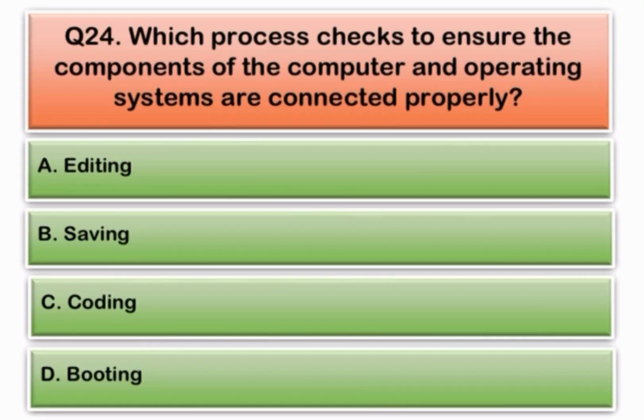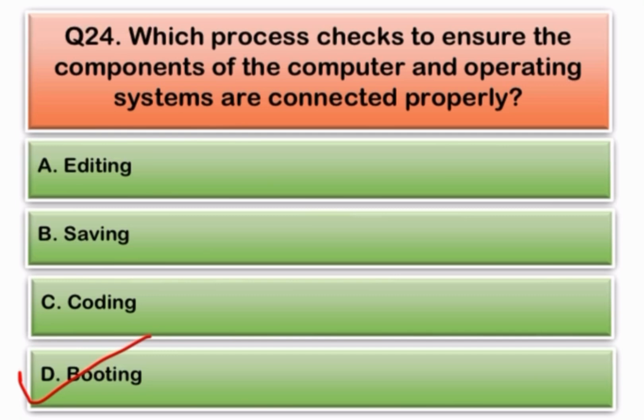Question number 24. Which process checks to ensure the components of the computer and operating systems are connected properly? Editing, serving, coding, booting. Booting is the initial process by which a computer opens.